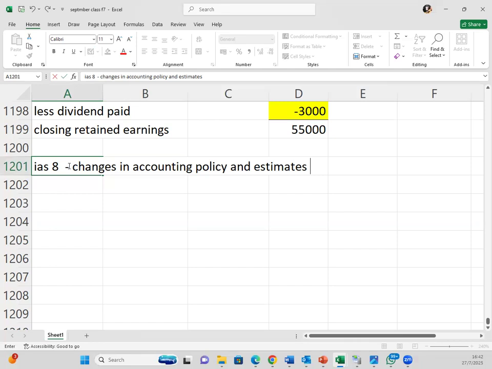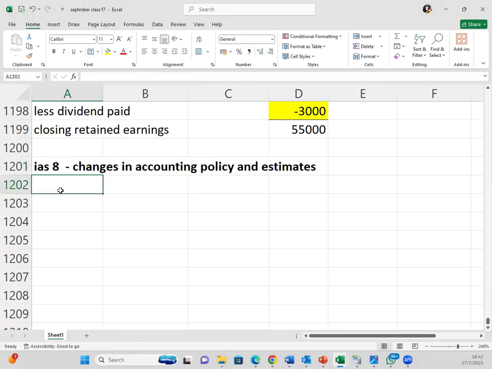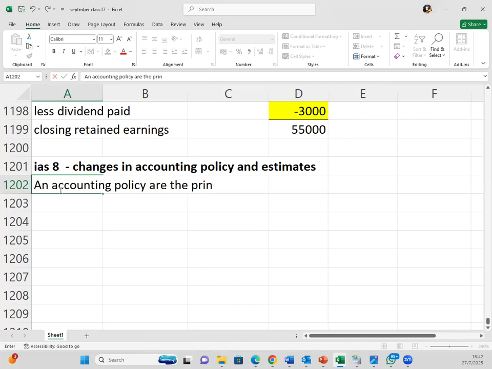So let's start with what an accounting policy is. An accounting policy are the principles or rules applied by the entity.